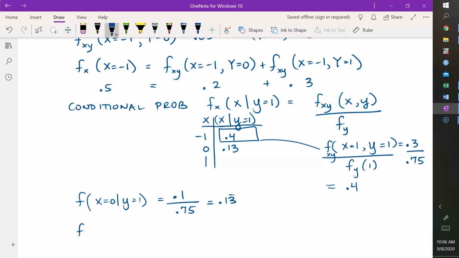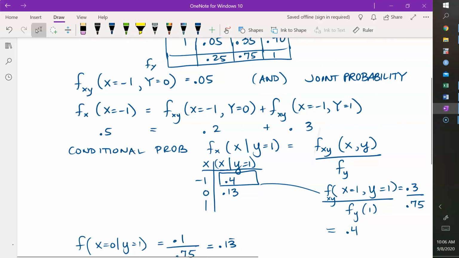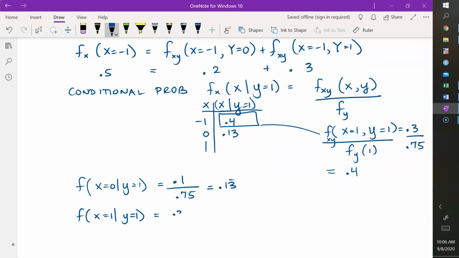Let's complete the last one. What's the chance that x is 1 given y is 1? The chance that x and y are both 1 is 0.35. Divide that by 0.75 and we get 0.46 repeating.